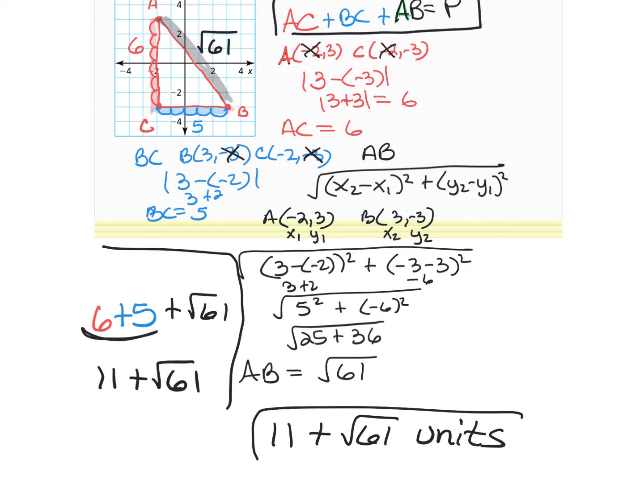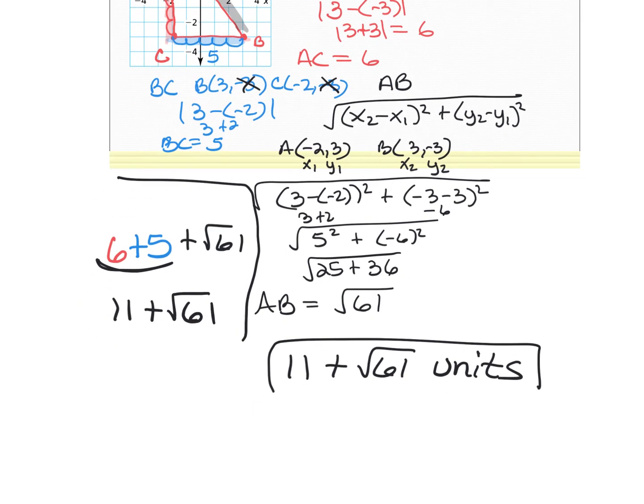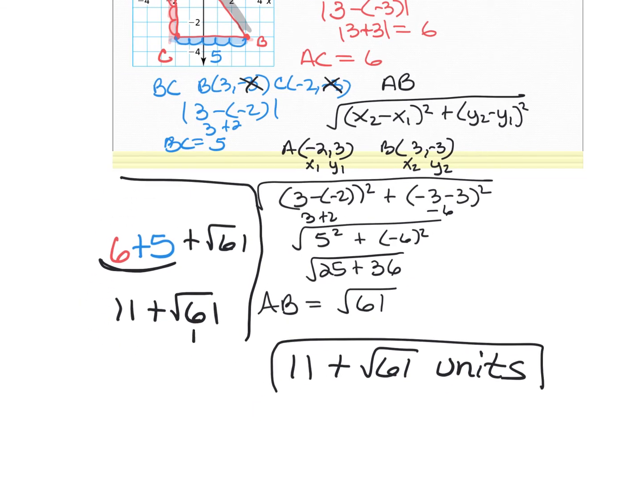You would leave it like that. Now, if this were a PSAT or an SAT question where it lets you use a calculator, then what you would do on your calculator is figure out what the square root of 61 is and round it to the tenths place. It's 7.8.